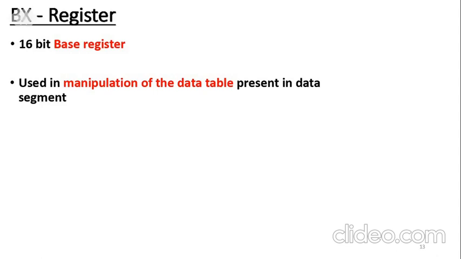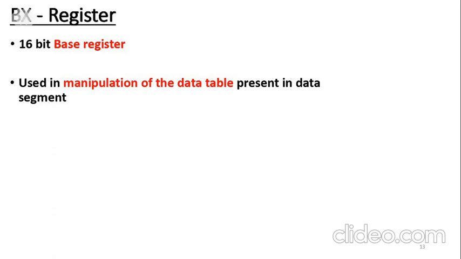Then the BX register contents will be incremented by the corresponding instruction so that it will be pointing to the second temperature reading. Again, that same operation will be repeated. That data will be read. Correction factor will be added to it. The generated result will be copied to that second location. Again, BX incremented to point to the third data element, third temperature reading. So this way, the temperature data table is manipulated.